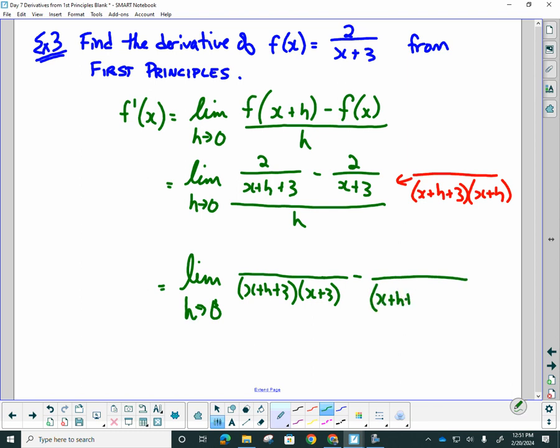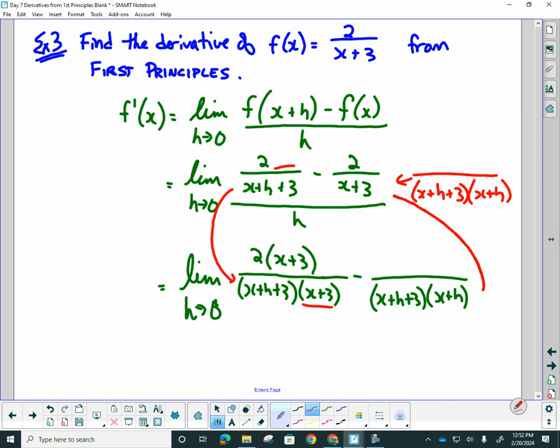And then as we did before, I'll ask, what did I multiply by this denominator to get this denominator? So the thing I multiplied by was x plus 3, so that has to get multiplied by the top. So the top is 2 times the extra thing that had to get multiplied, which in this case is x plus 3.